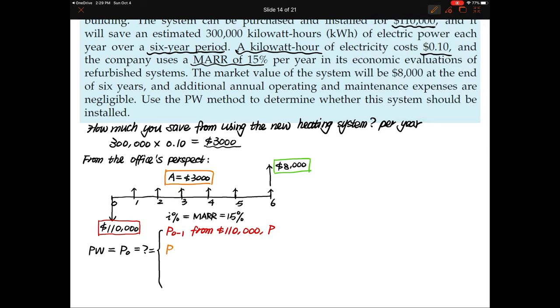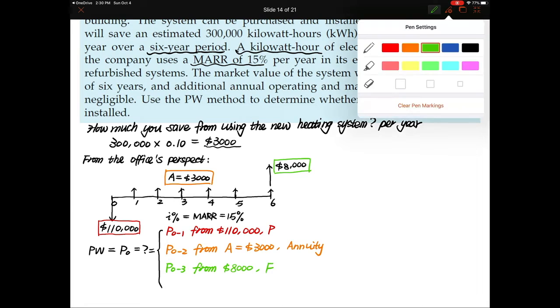And you also have part 2, which is from the annuity, and it is an annuity. Okay, and then you have the third part, which is from the $8,000 market value. It is a future value.